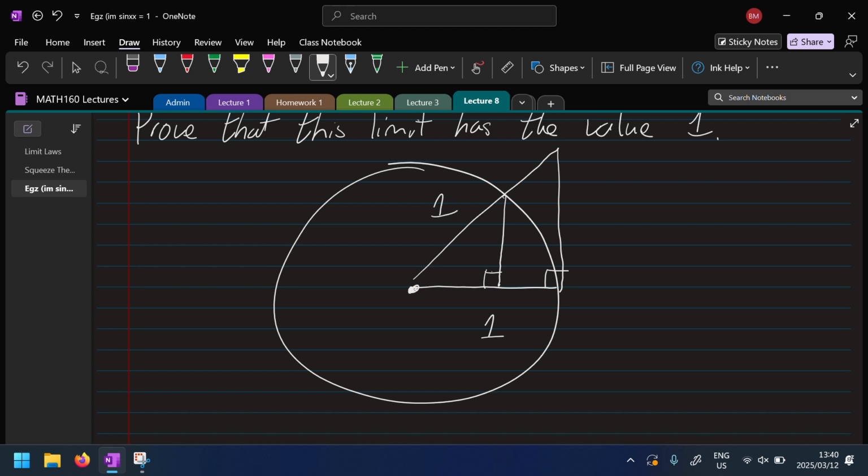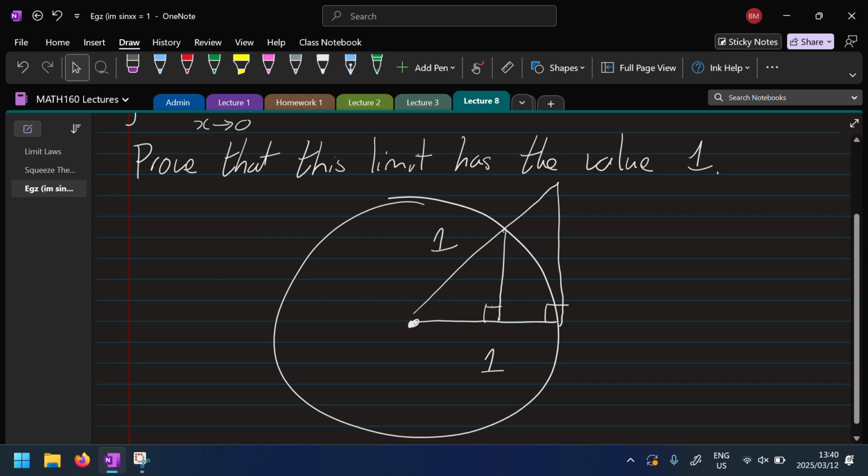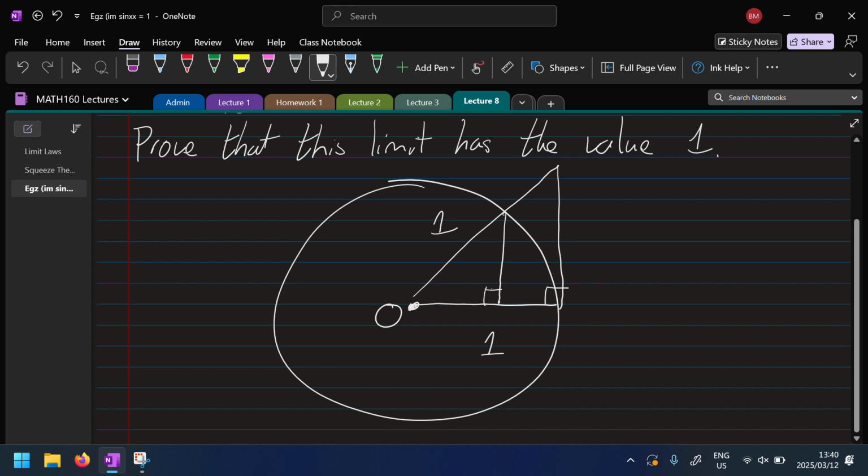That's also a radius, so we can mark that as 1. Now we need to label the points. So the origin, that's usually O, and then let's call this A, B, C, and D. So that is the construction for this.